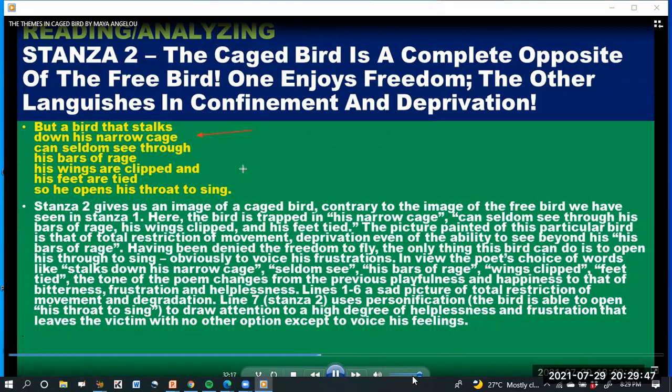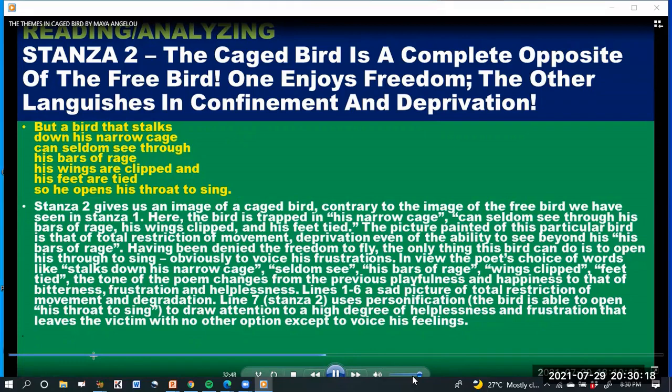But here, this bird is restricted to the narrow cage and can seldom see through his bars of rage. Again, there are additional restrictions. Even within that confinement, the wings are clipped, the feet are tied, and the bird is in a state of helplessness. This refers to the situation of the Black Americans during the period under review.